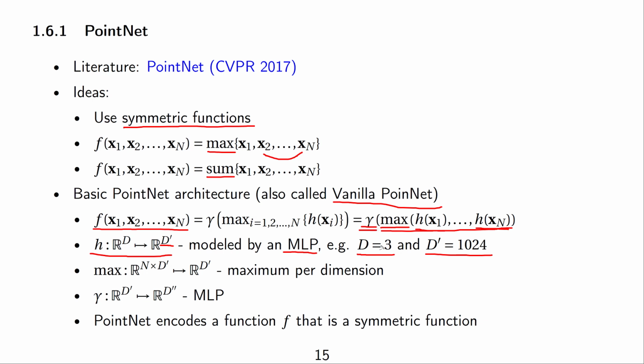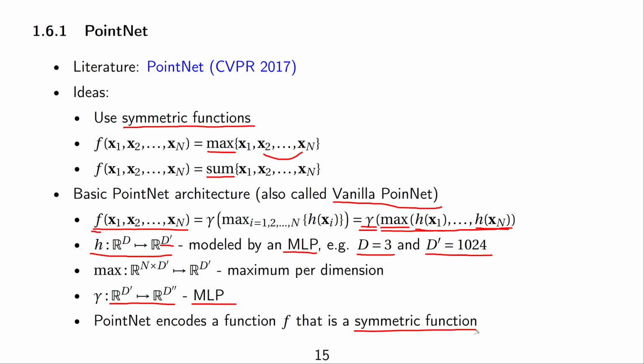Well, we'll simply use another MLP. So gamma is a function from d' dimensions to d'' dimensions. So the complete PointNet function f is now a symmetric function, and it is permutation invariant.